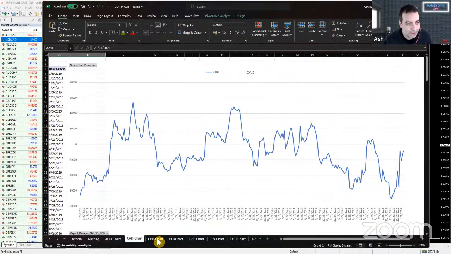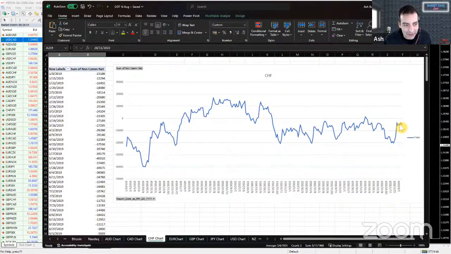The Swissie's relatively flat. We haven't really seen anything going on with the Swissie. I think this is probably one of the more interesting currencies to short in the coming months, because if things are turning around, there is a lot of benefit to trading the Swissie short.